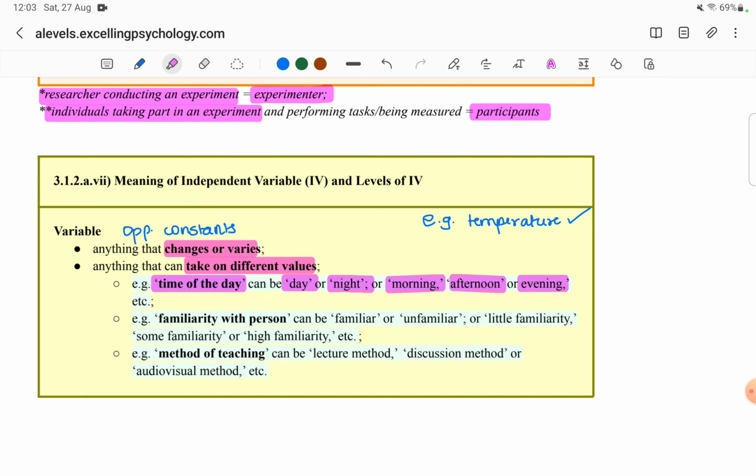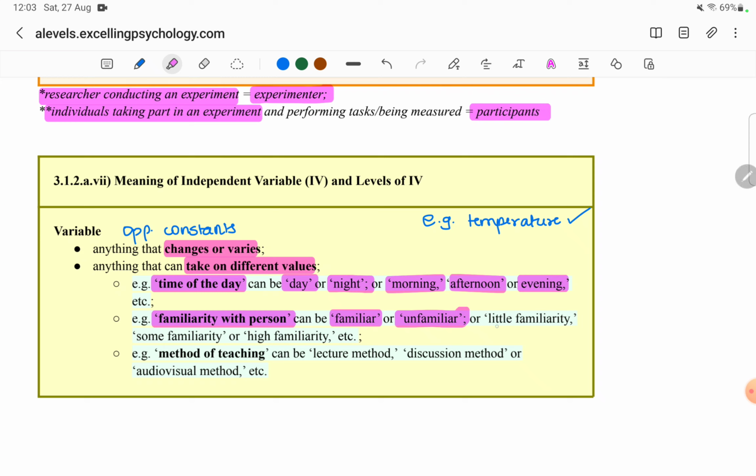Another commonly studied variable in psychology is familiarity with a person, which we had seen earlier. One researcher might choose to study familiarity only in terms of two of its values, familiar or unfamiliar. Another researcher might want to study it with even more finely bifurcated values.